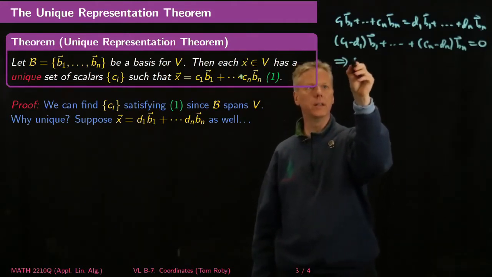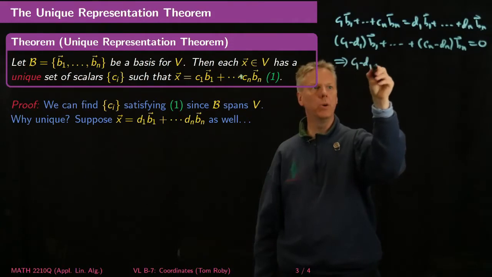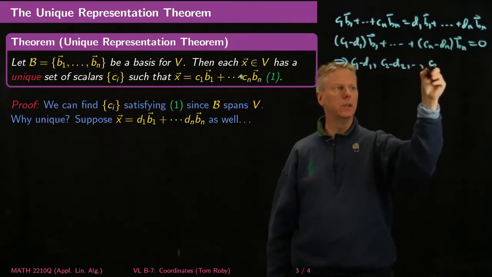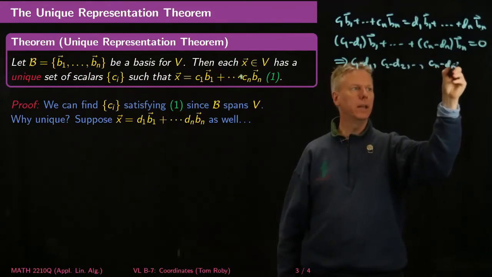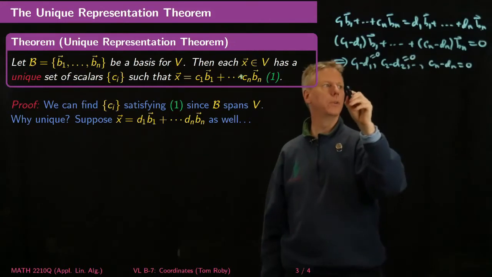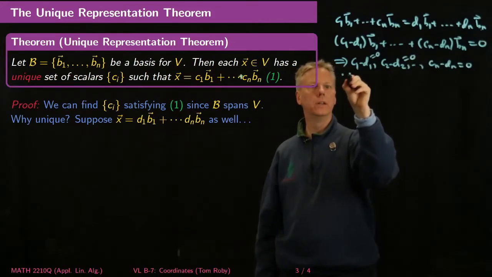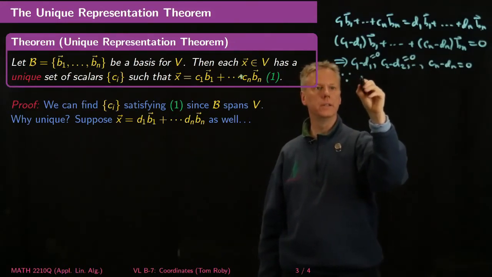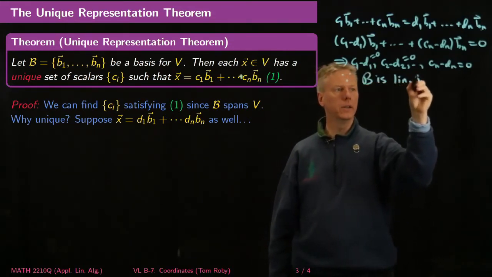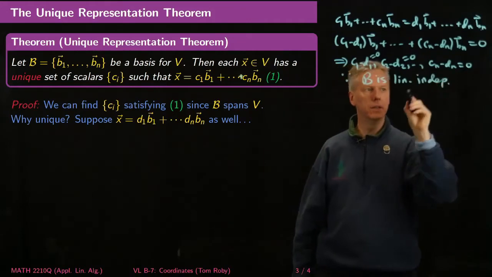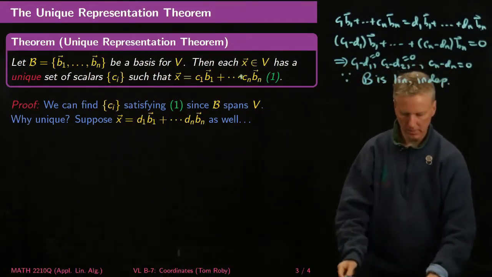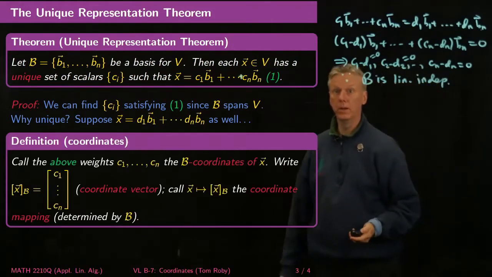So this implies that c1 minus d1, c2 minus d2, and cn minus dn are all equal to 0, since script B is linearly independent. Okay. So that's all there is to that uniqueness proof.